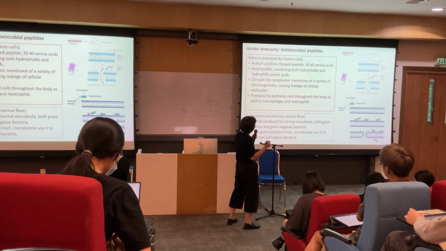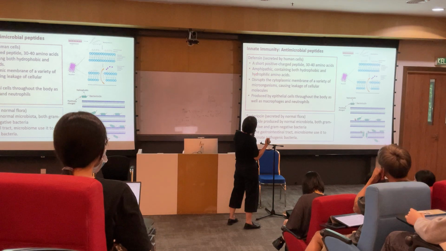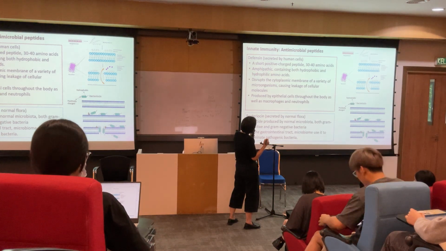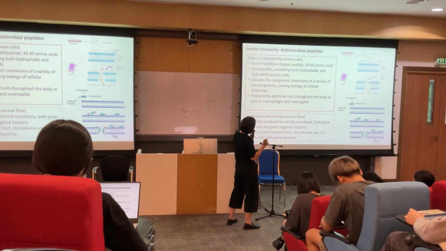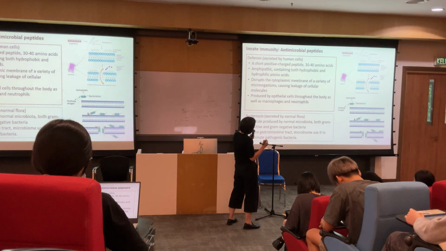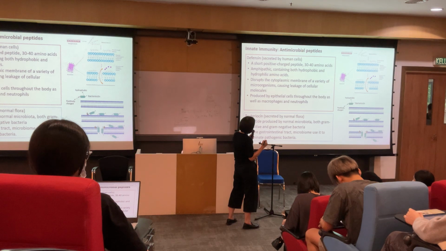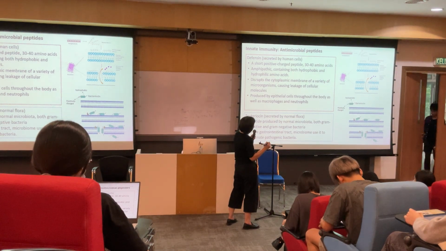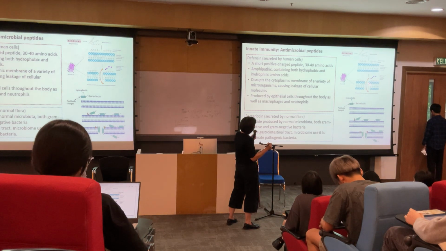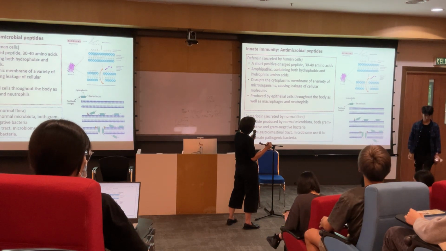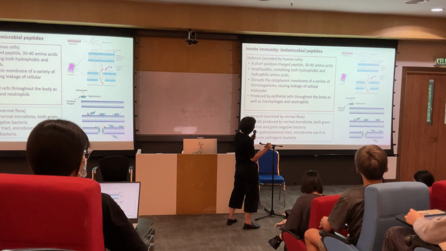Why can they do that? Because they are amphipathic. Amphipathic means that this particular protein, defensin, has both hydrophobic and hydrophilic amino acids. So when they insert into the lipid bilayer, those in here are hydrophobic. Those exposed outside are hydrophilic.